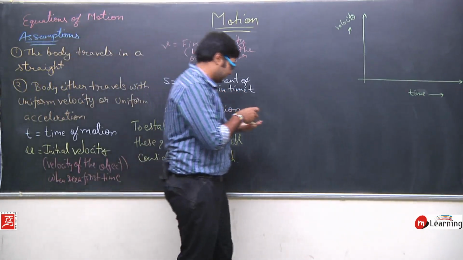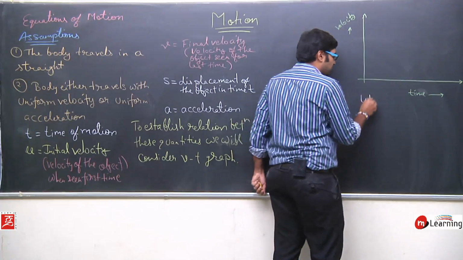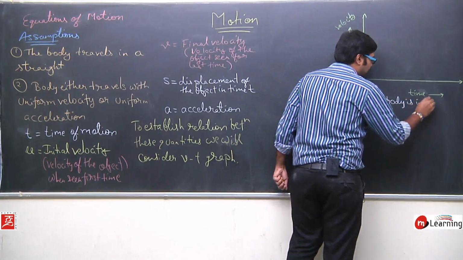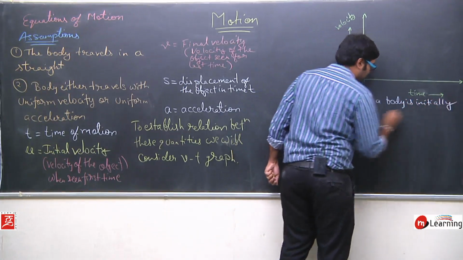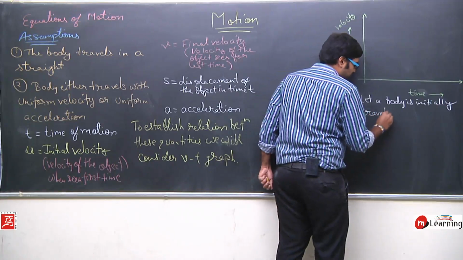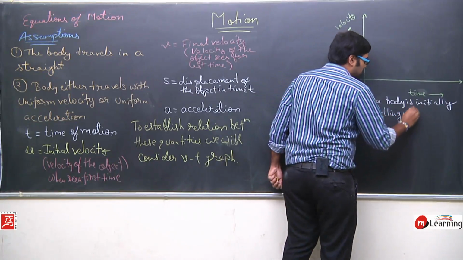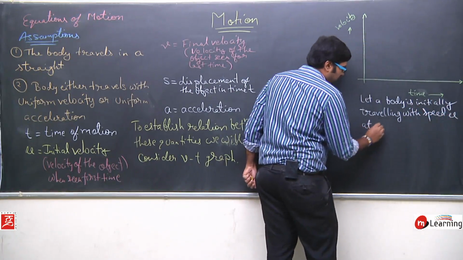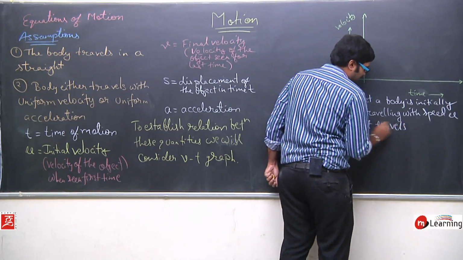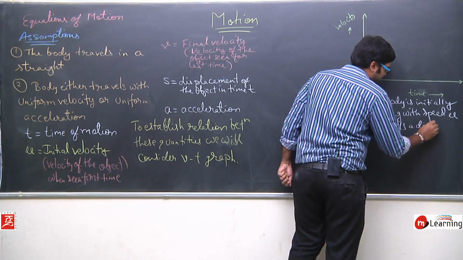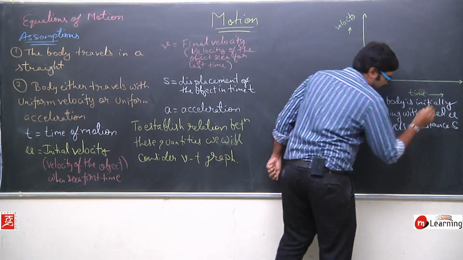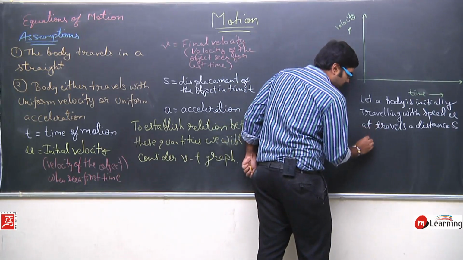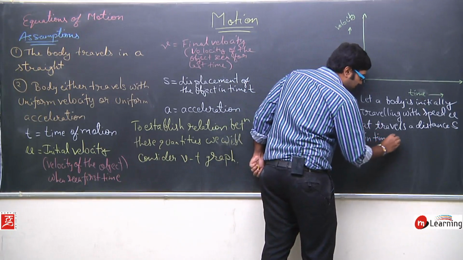So let me write here: let a body be initially traveling with speed u and travel a distance s in time t.